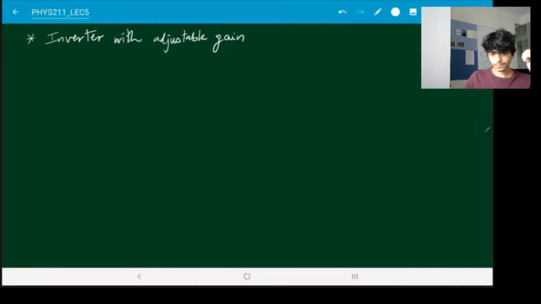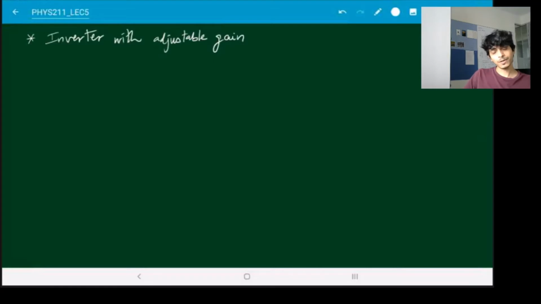Okay. Let's look at one more circuit. It's called an inverter with adjustable gain. See, we are looking at all of these circuits because let's say at some point, as a person working in electronics, you want to manipulate some signal.